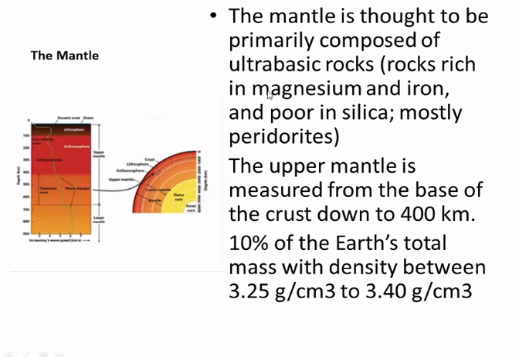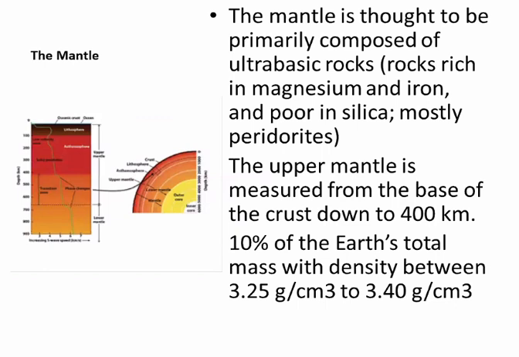We also need to talk about, after the Earth crust, the mantle. The mantle is thought to be primarily composed of ultra-basic rock, which is usually rich in magnesium and iron, and poor in silicates.